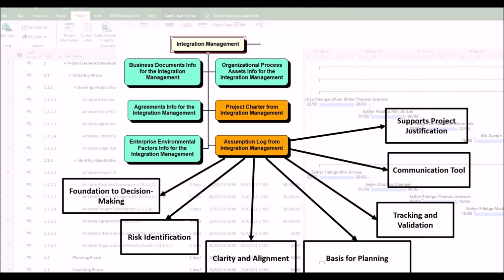This log is a living document that evolves throughout the project lifecycle, helping the team manage uncertainties and align expectations. By actively maintaining the assumption log, project managers can reduce risks and improve project outcomes.